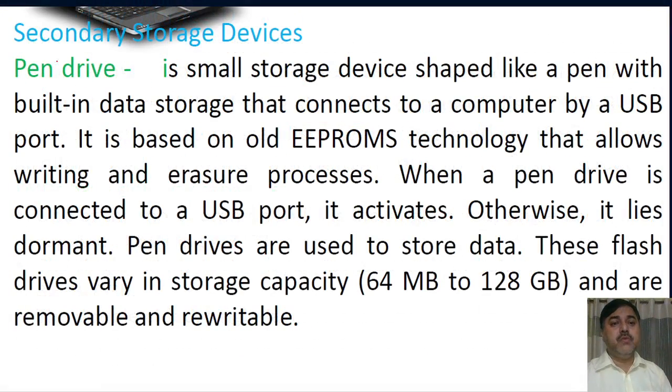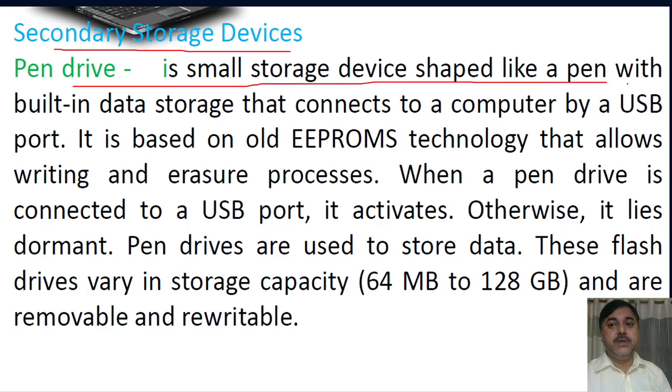Next, what we find is the pen drive. Pen drive means what? It is a small storage device, a secondary storage device shaped like a pen, with built-in data storage that connects to a computer by the USB port.